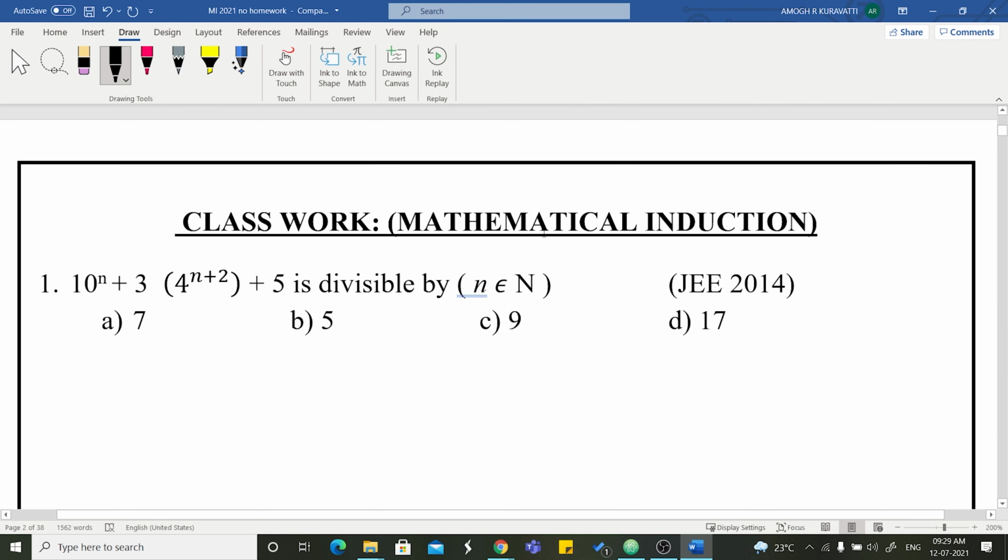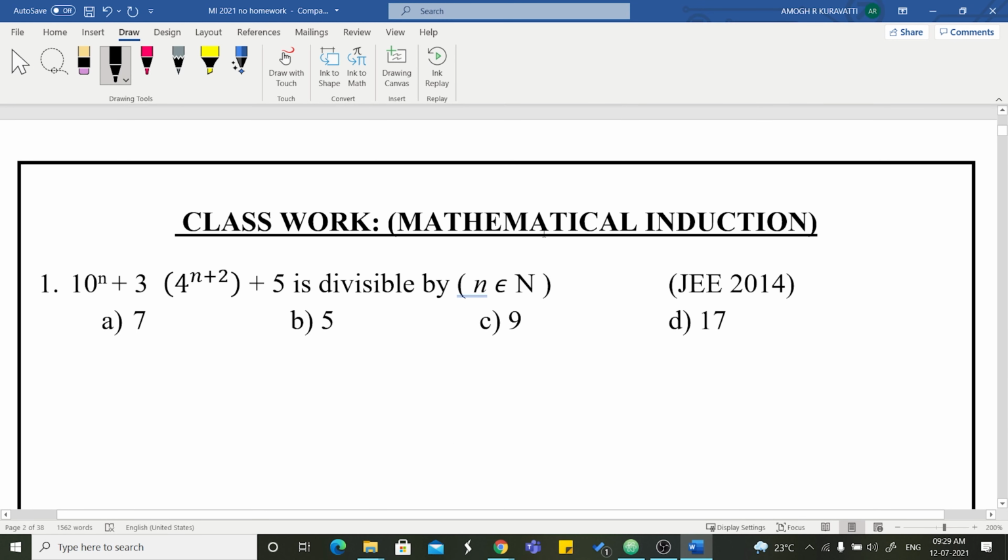By using mathematical induction, it takes time. We should prove 3 steps, isn't it? So the easy method: let P of n is equal to 10 power n plus 3 into 4 power n plus 2 plus 5. n is a natural number.